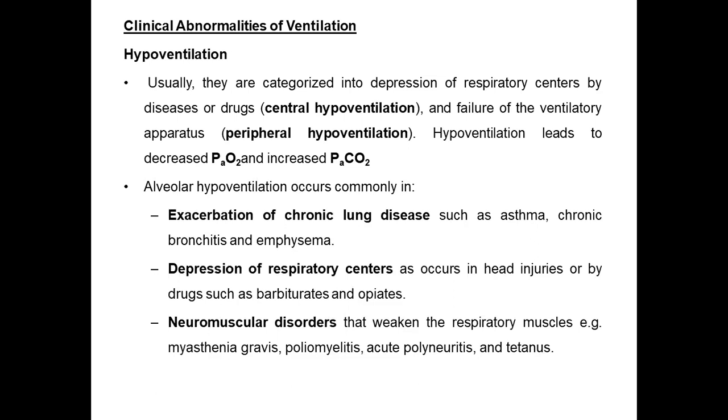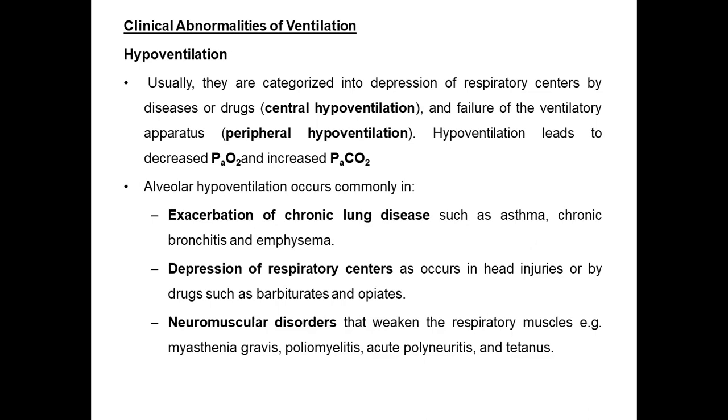This hypoventilation generally occurs whenever there is exacerbation of chronic lung disease, such as asthma, chronic bronchitis, and emphysema. Then you may have depression of the respiratory centers in head injuries or by drugs such as barbiturates and opiates, or in neuromuscular disorders which weaken the respiratory muscles, like myasthenia gravis, poliomyelitis, acute polyneuropathy, and tetanus.